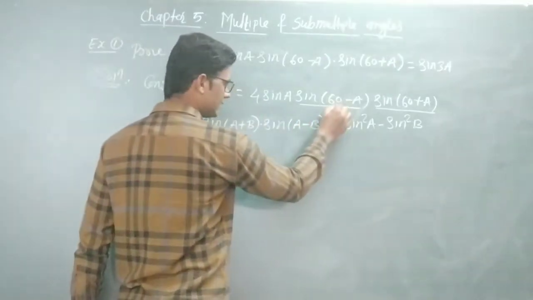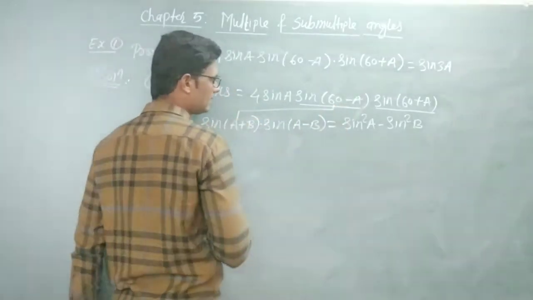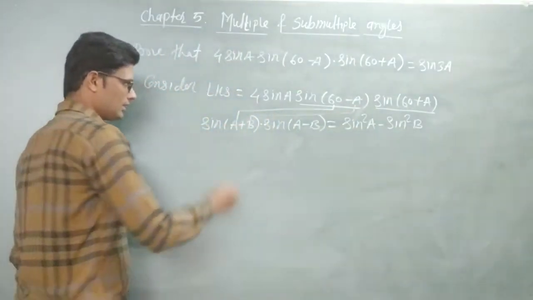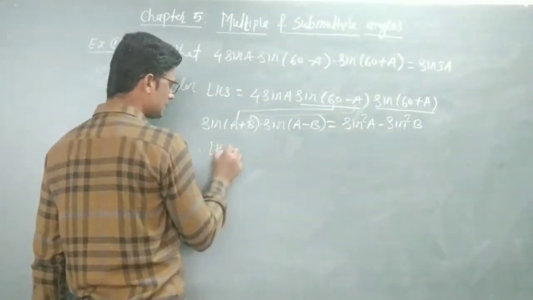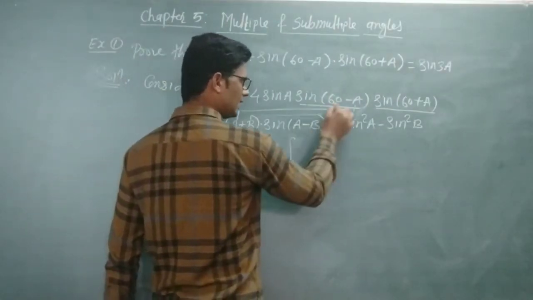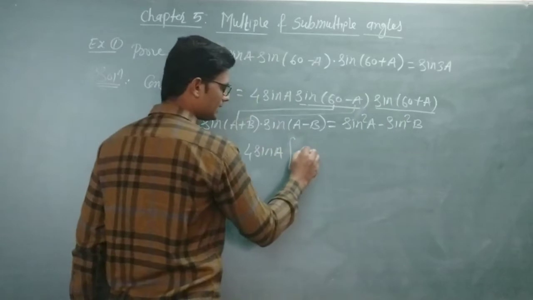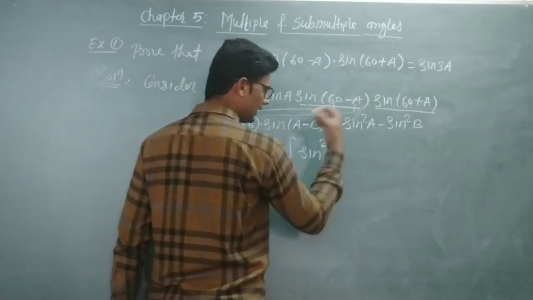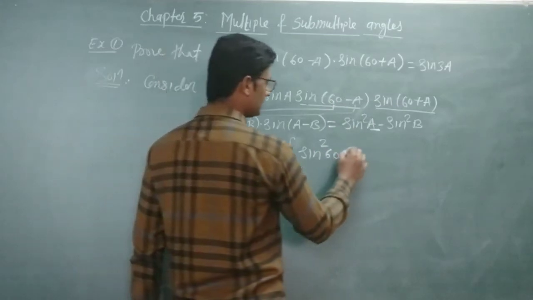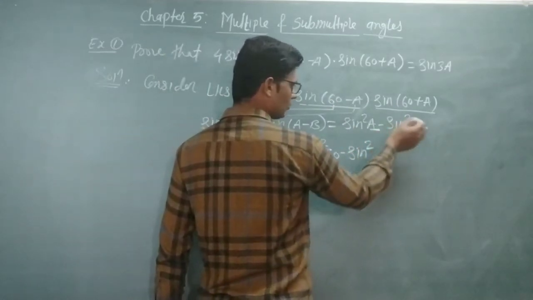So what is A? A here is 60, right? So compare this. A is 60 and B is A. So therefore LHS is equal to 4 sin A, into sin square A, where A is 60, minus sin square B. What is B?